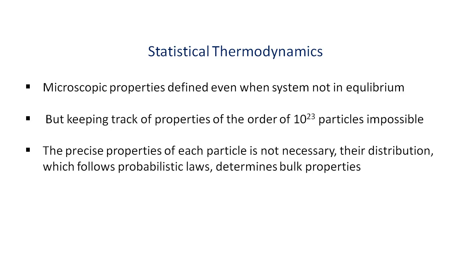It turns out that these distributions have specific forms, and bulk properties can be extracted by a statistical analysis of these distributions. This is the basic idea of statistical thermodynamics.